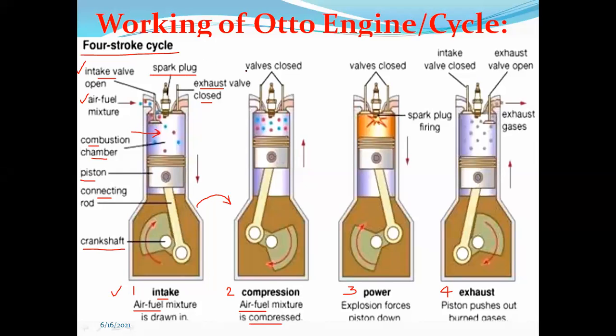But here both the intake valve and the exhaust valve are closed so that we can compress the air and petrol mixture. The compression is done up to 1/5 of its original volume, which we shall discuss in the next slide.